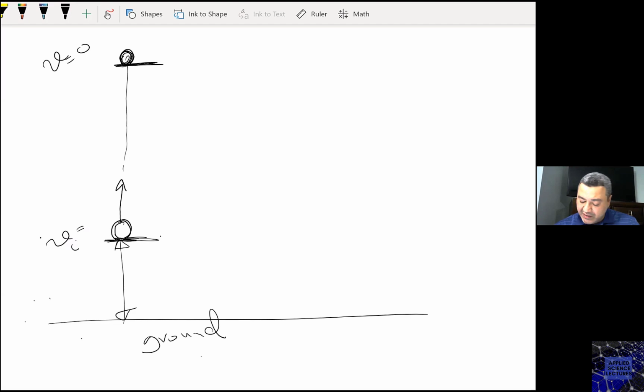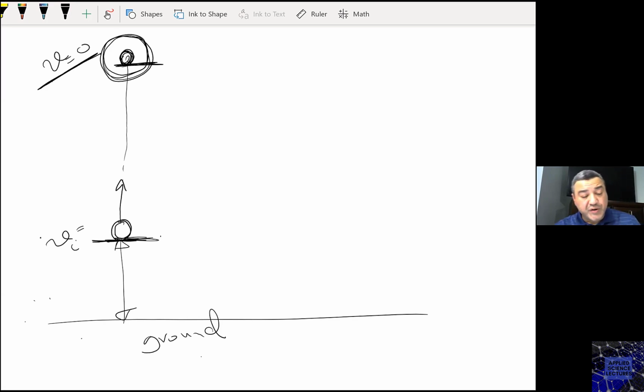However, at this point, the kinetic energy will be different than this point. At this point, because it reaches a velocity of 0, the kinetic energy is going to be 0, and all the energy here will be potential energy. However, right at this point, it will be a mix of kinetic energy and potential energy.